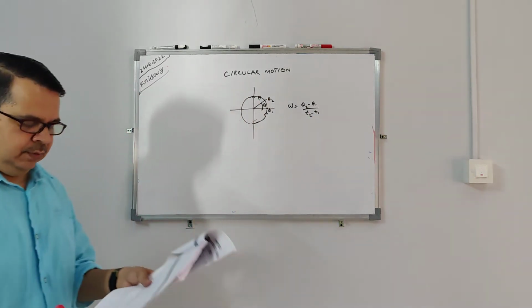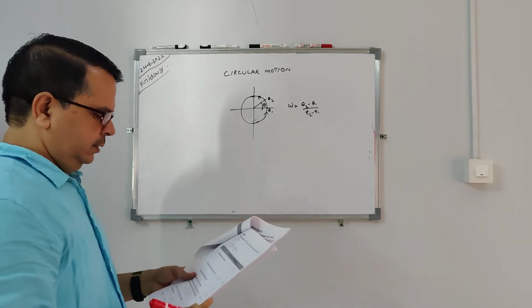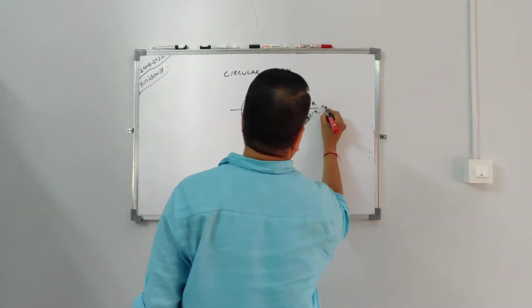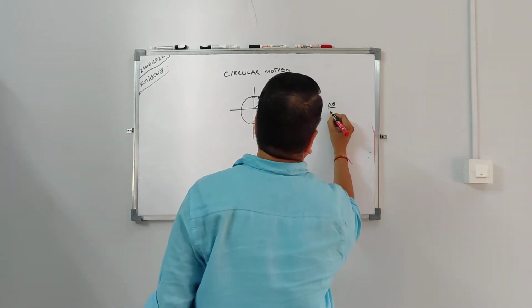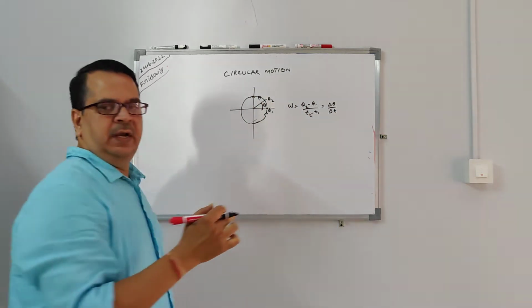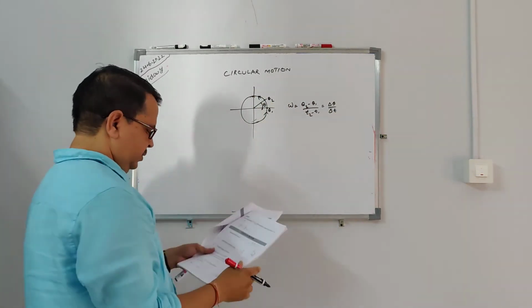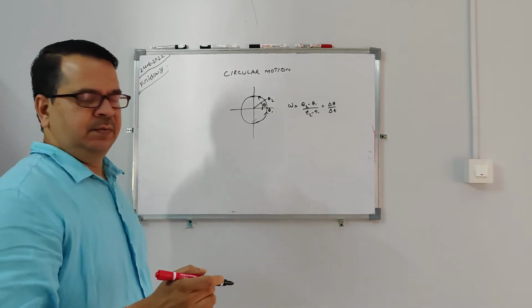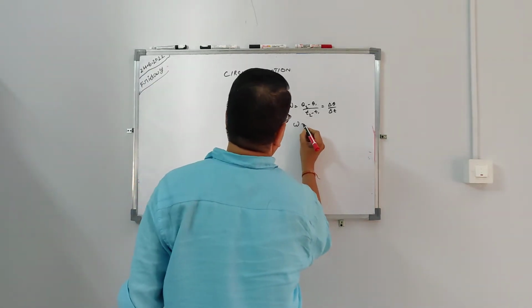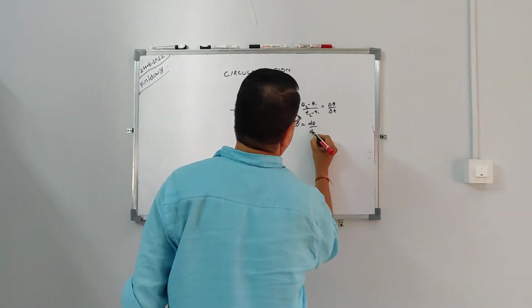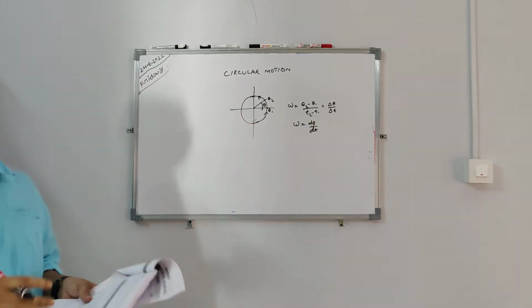This is your angular velocity, like del theta by del t, right? When it becomes infinitesimal, that becomes the instantaneous angular velocity, d theta by dt.